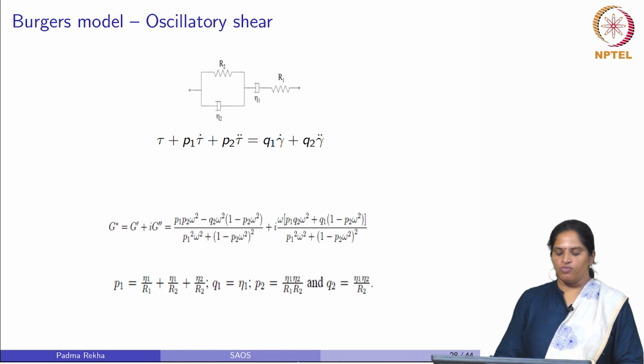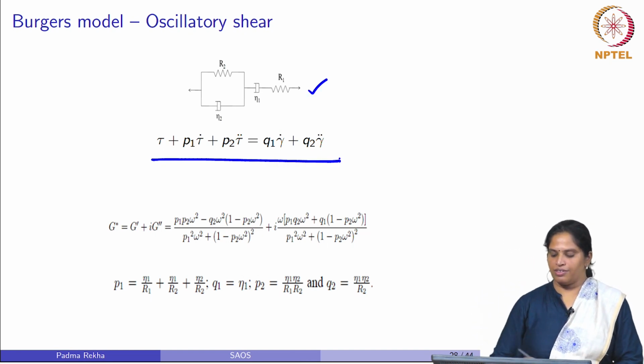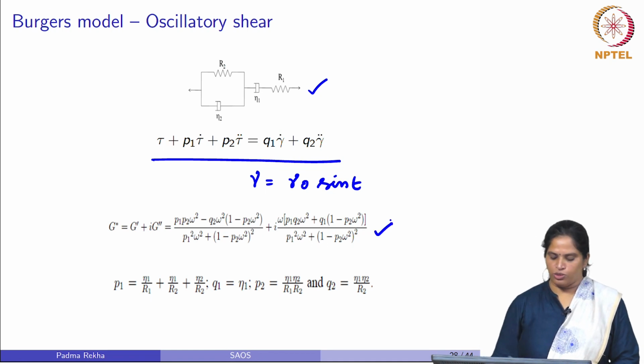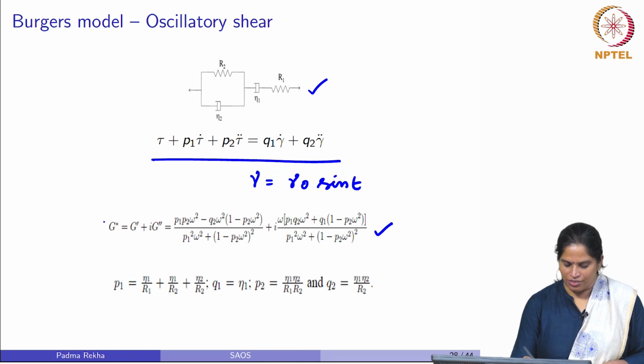Now, Burger's model, a 4 parameter model. Let us start from its constitutive relation. If you solve this constitutive relation for a strain input of gamma naught sin omega t, you will get the response function to be this.